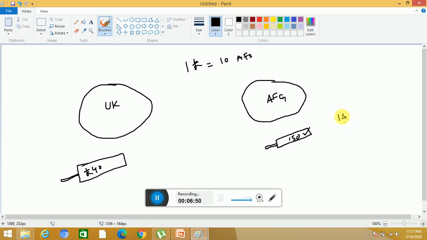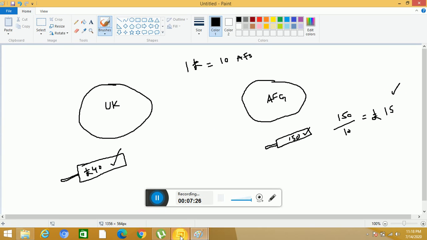So 150 divided by 10, we will get 15 pounds. So see now, the same bat in UK is 40 pounds and in Afghanistan it is 15 pounds.